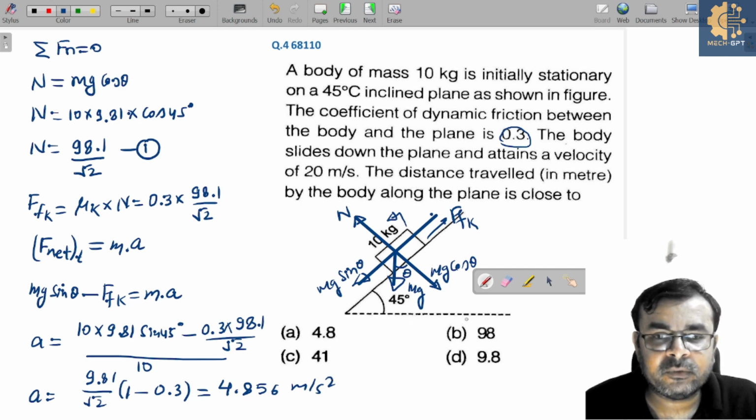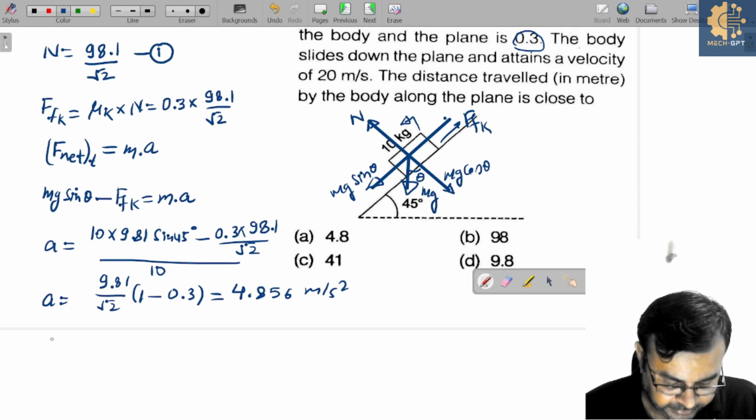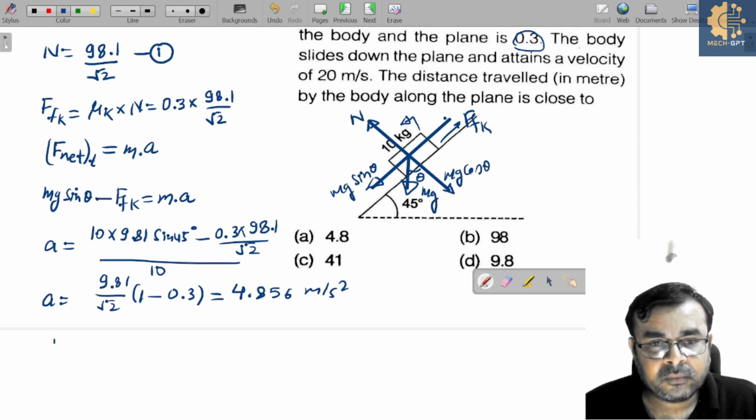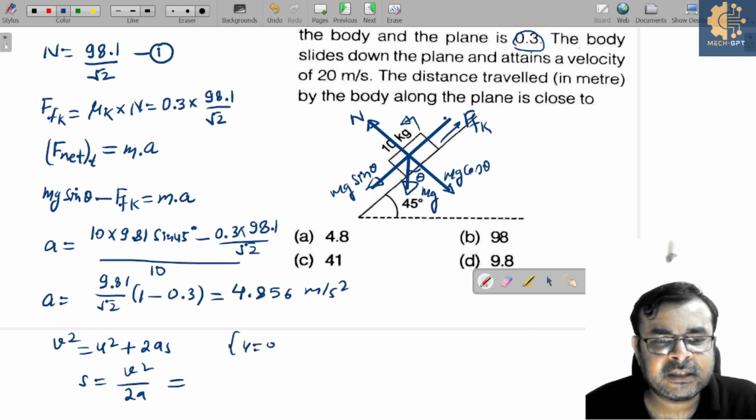And once you get acceleration, as you know we need to find out displacement, yes or no? So final velocity is given, initial velocity is 0. So can I use this relation? So s is nothing but v square over 2a, and here u, initial velocity, is 0. So v is already given in the question, that is 20 meter per second.